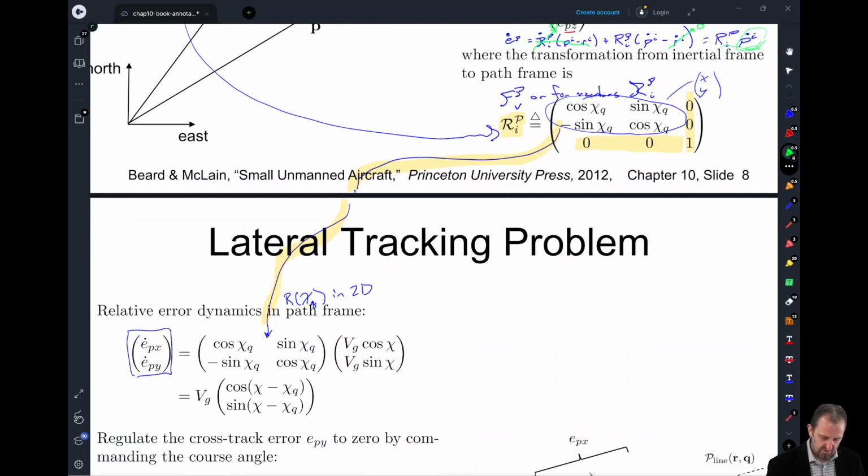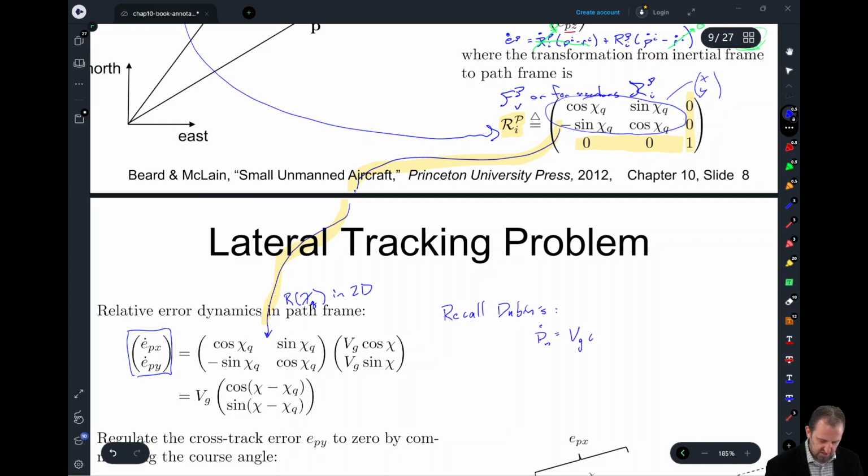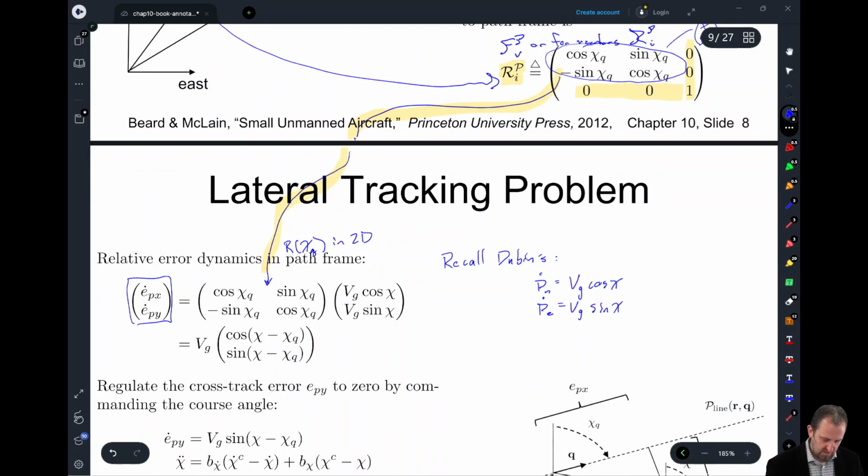So we have, if you recall, Dubins model. We have that our Pn dot is equal to just Vg cosine of our course angle, and Pe dot was equal to Vg sine of our course angle. So right here, we get the P dot in the north-east plane.